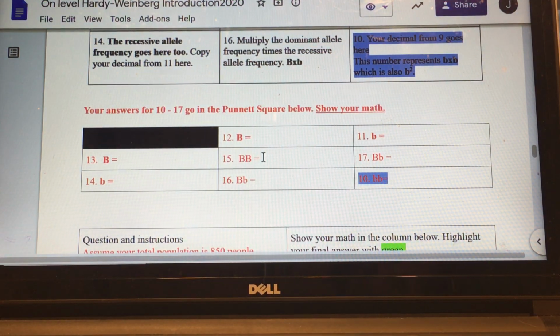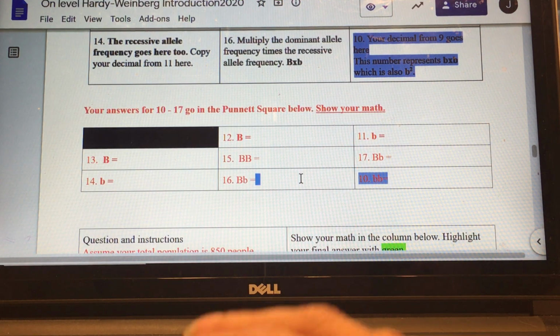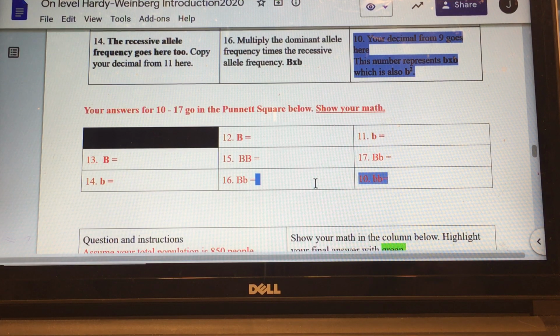And then to get your heterozygous genotypic frequency, you take your dominant allele frequency from 13 and your recessive allele frequency from 11, multiply them together. Once you do that, it's the same thing for 16. It doesn't matter whether you do this square first or this square first, they're going to be the same. So whichever one you do first, you're going to copy and paste the answer into the other one. So 16 and 17 should be identical to each other.